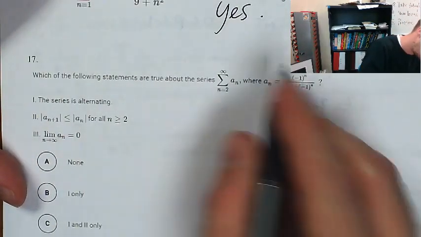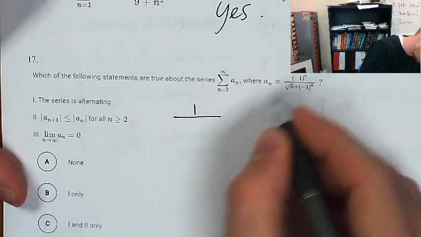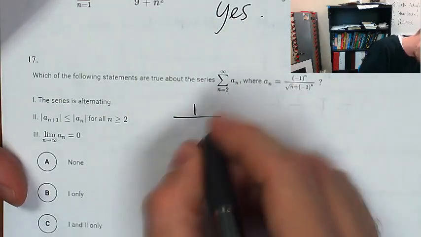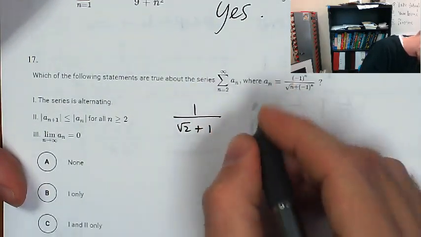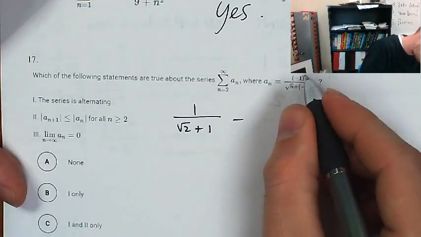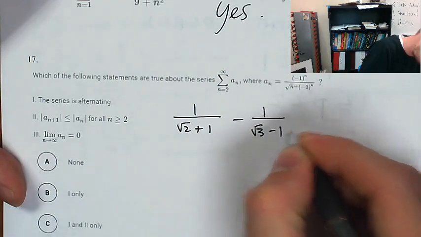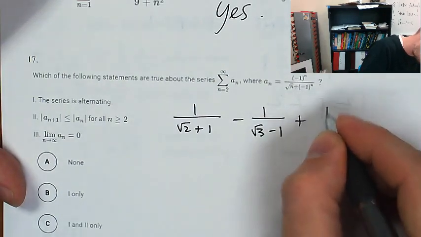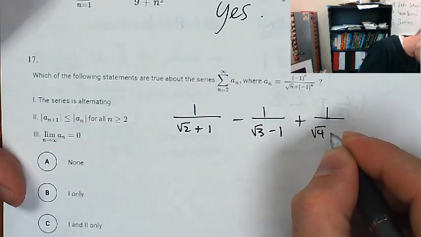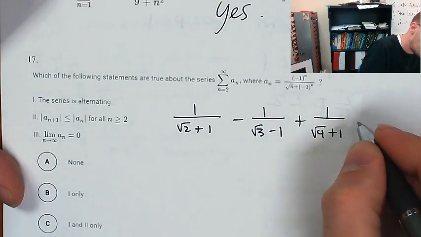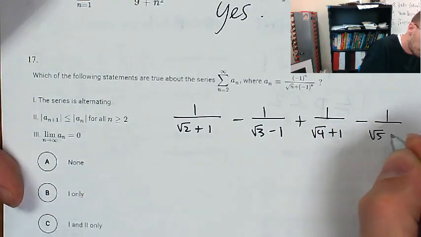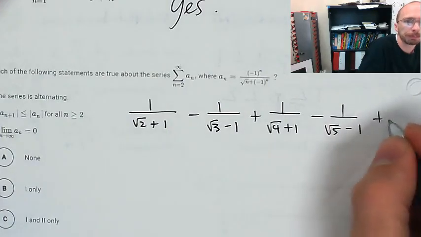Starting at n equals 2, negative 1 to the 2 is 1 over the square root of 2 plus 1, minus, when n equals 3, 1 over root 3 minus 1, plus 1 over square root of 4 plus 1, minus 1 over square root of 5 minus 1, and so on.